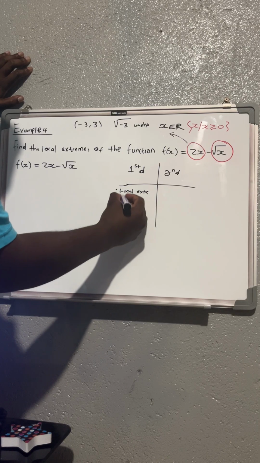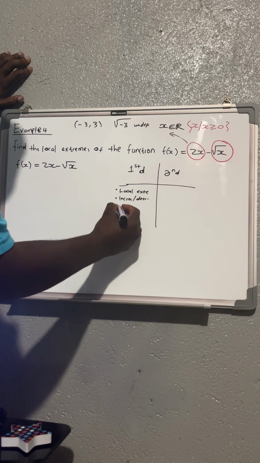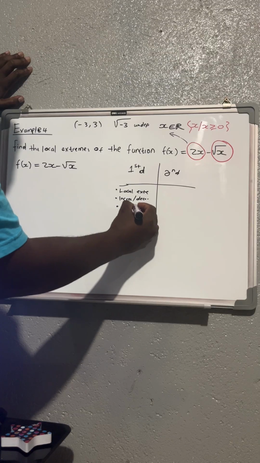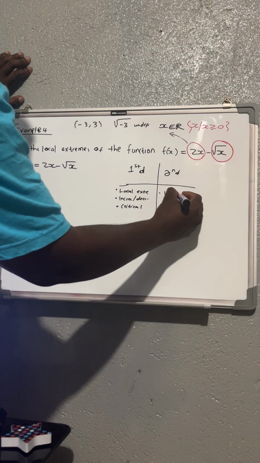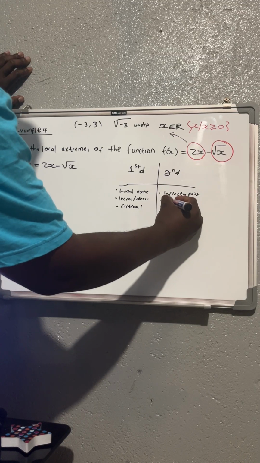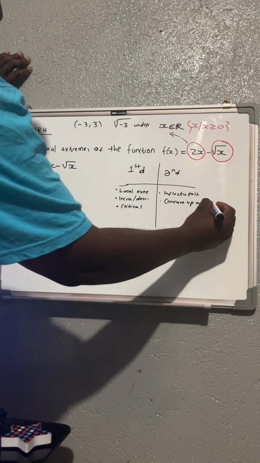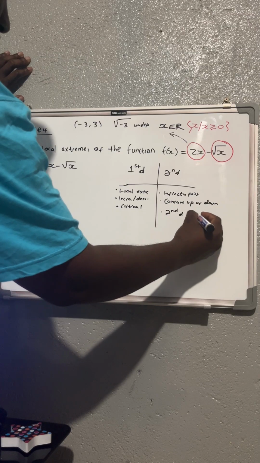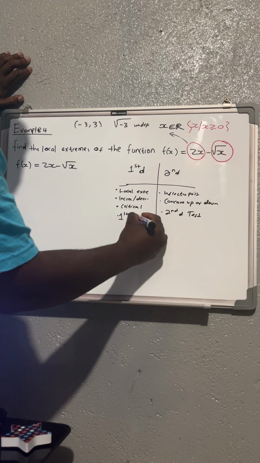They can ask you where the graph is increasing or decreasing. Lastly, they can ask you to determine your critical points. Then here they will ask about your inflection points, where your graph is concave up or down, and they will ask you to do the second derivative test and the first derivative test.